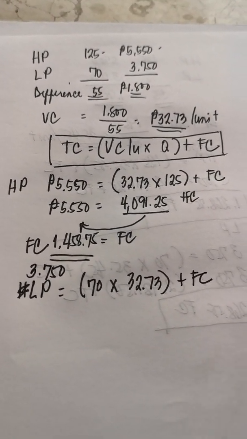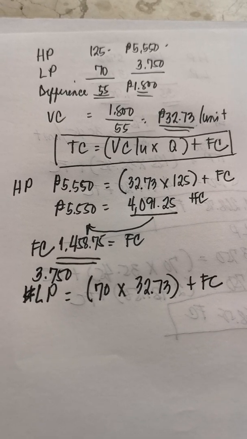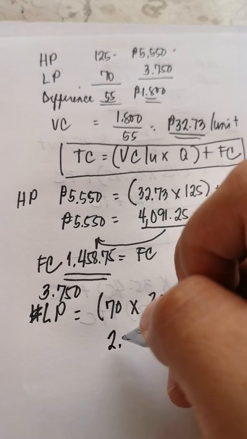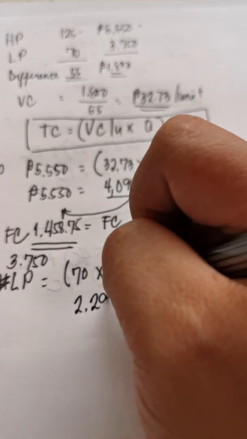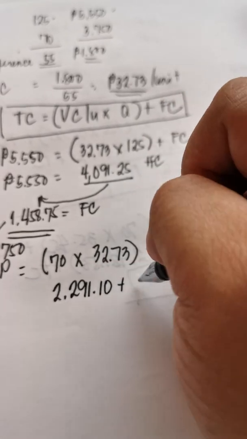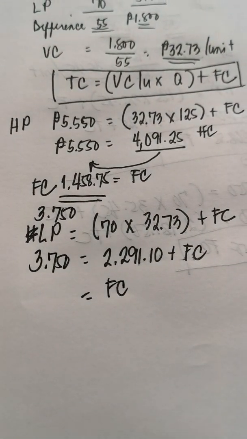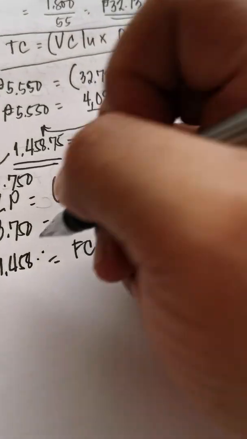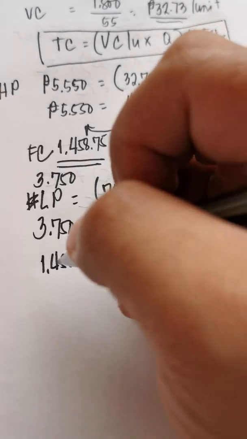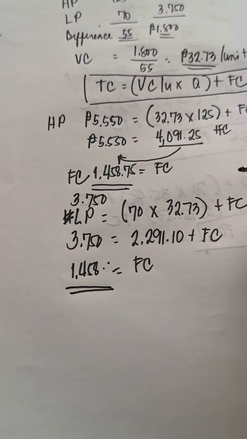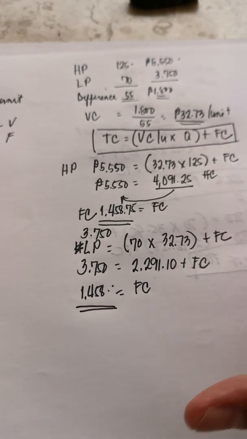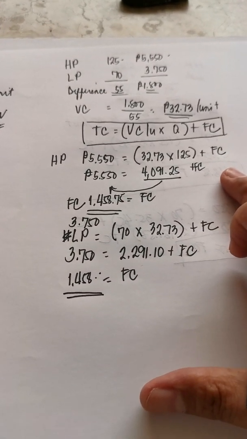We compute 70 times 32.73, which is 2,291.10, plus the fixed cost, equal to 3,750. By transposition, we have 3,750 less 2,291.10, which is 1,458. There's a little difference, but again, that is essentially the same. So that is splitting the mixed cost using the high-low point.